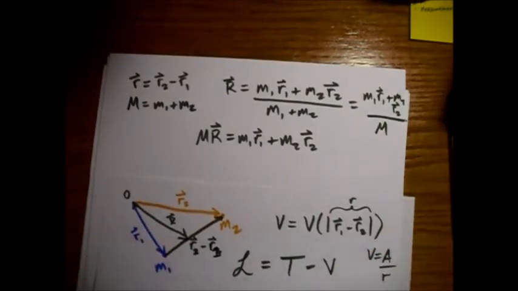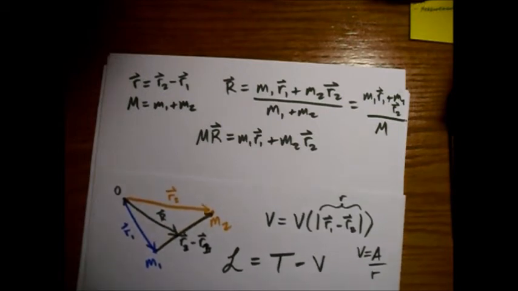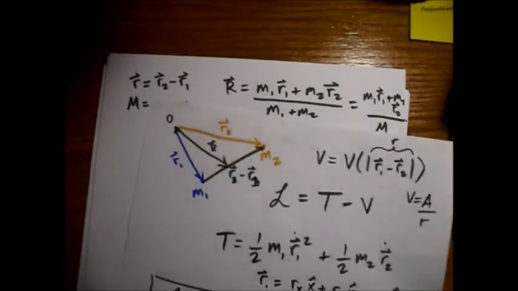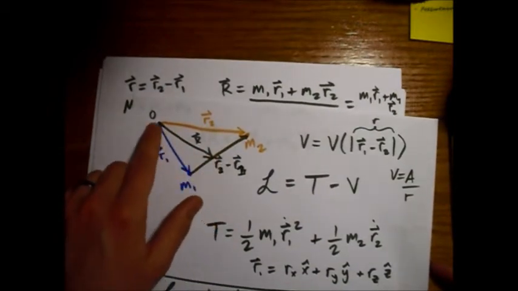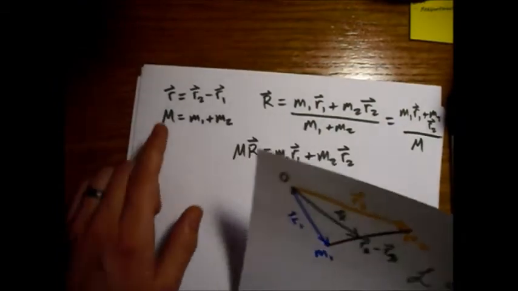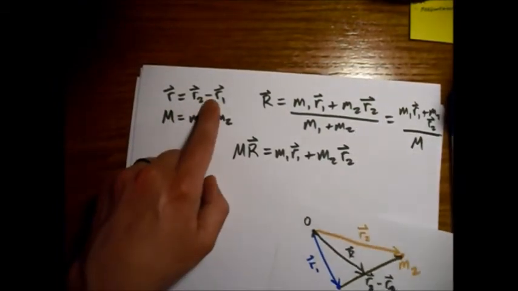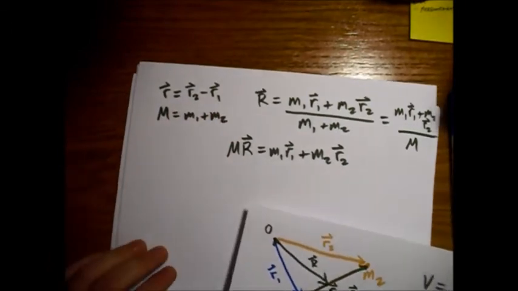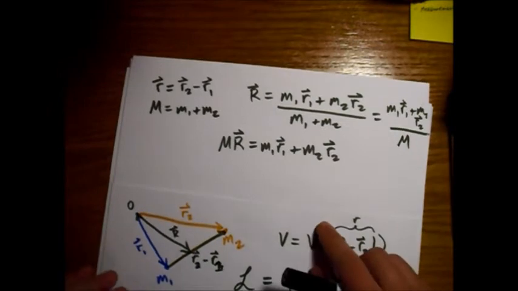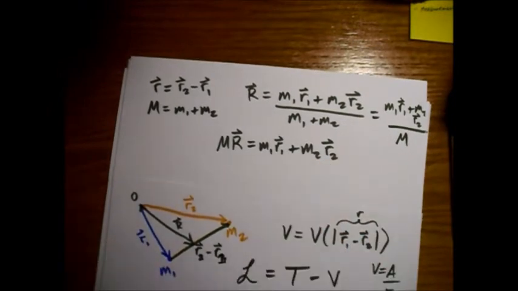So it's still the same system, and we still need the same number of generalized coordinates in order to describe it, one of which is this big R, so the coordinate to the center of mass. The other one is this little r right here, which is the vector of the separation between the two masses. All right, so what we're trying to do is eliminate this r1 and this r2.